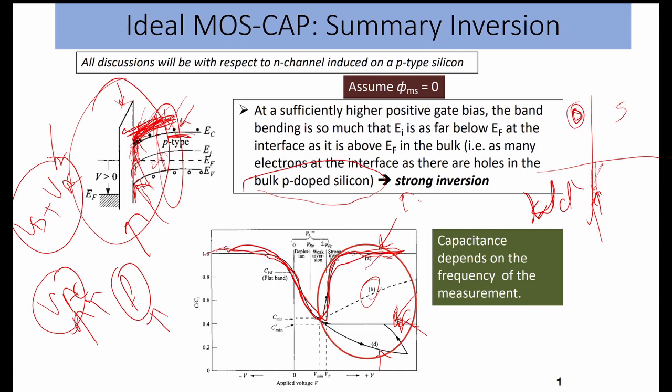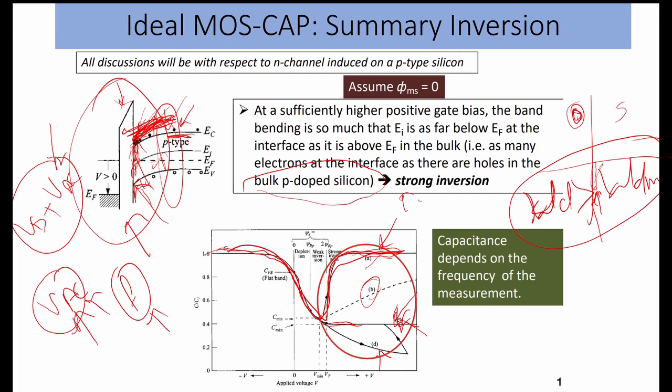WD is greater than WD max. Okay, so it will be this graph.